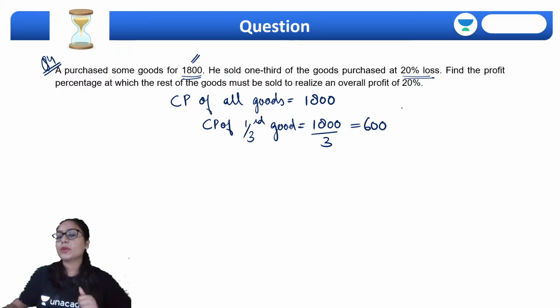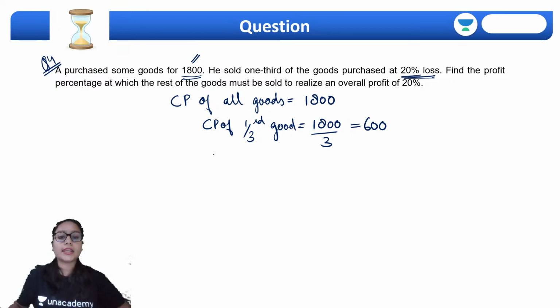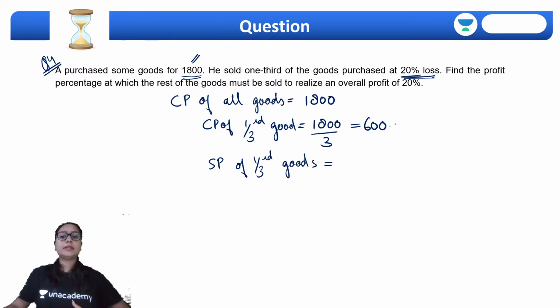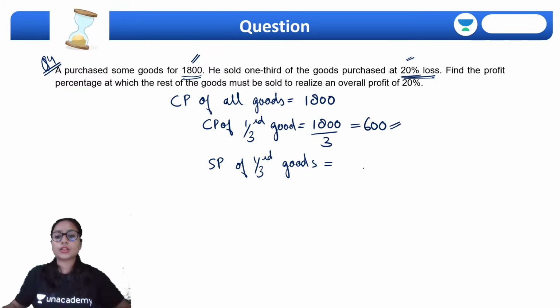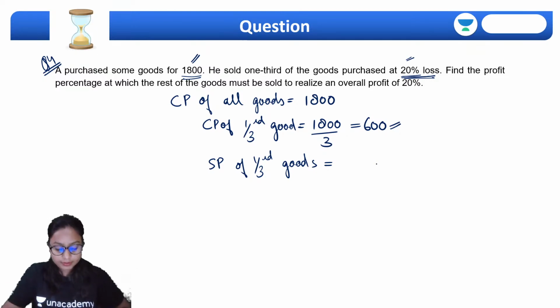Now it is given that he sold these goods at 20% loss. So if CP is 600, can you tell me what is the selling price of these 1/3 goods after 20% loss?